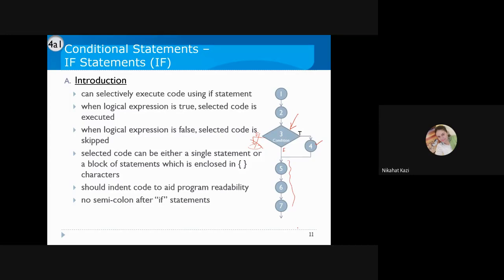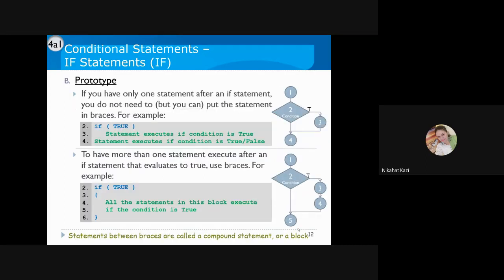Now, what do I understand by this? Let us see the syntax. The syntax, or the prototype, wherever I've written prototype, it means the syntax in C. The syntax is if, in parenthesis the expression, the conditional expression, and then a statement.